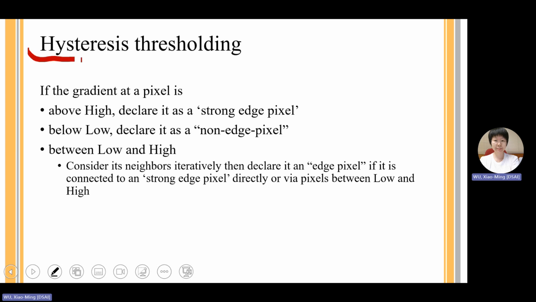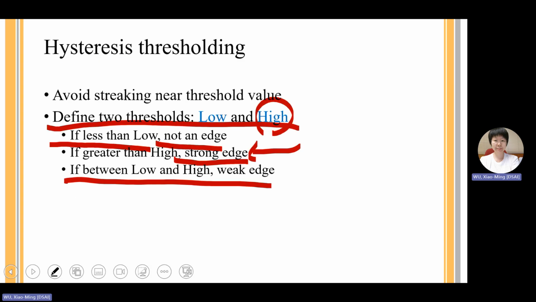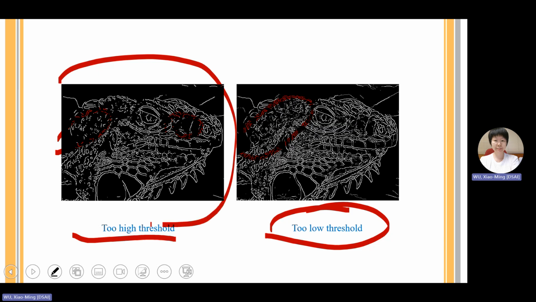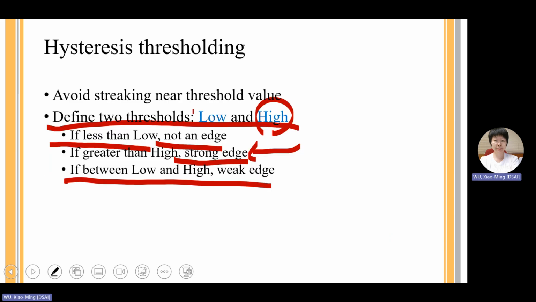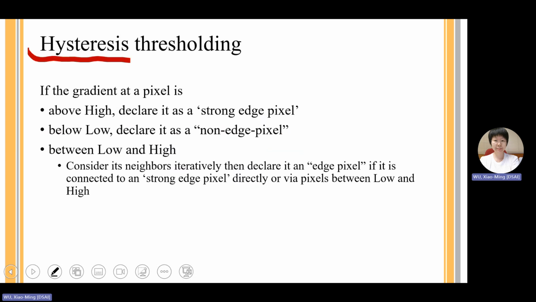Hysteresis thresholding is an approach to avoid breakups in edges. When you have a very high threshold, you have many breakups in edges. To adjust this, we set another threshold, the low threshold. For those between low and high, we consider whether the pixel is connected to a strong edge pixel.